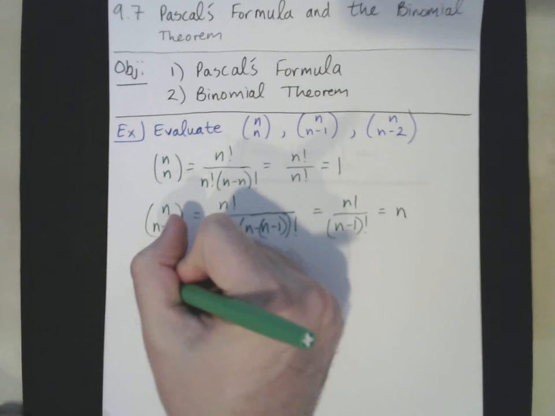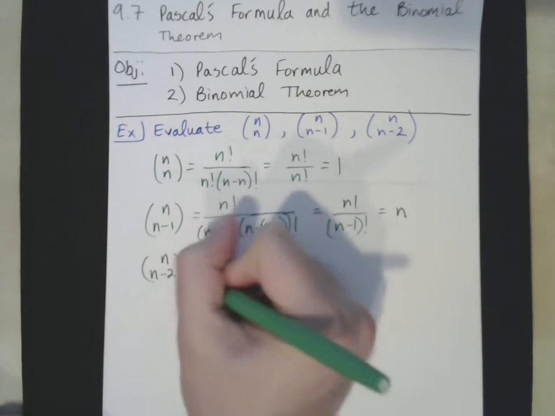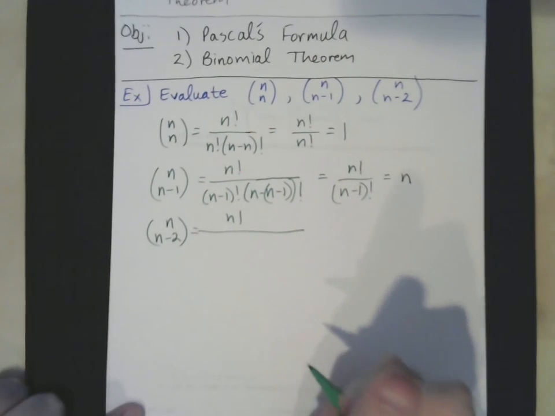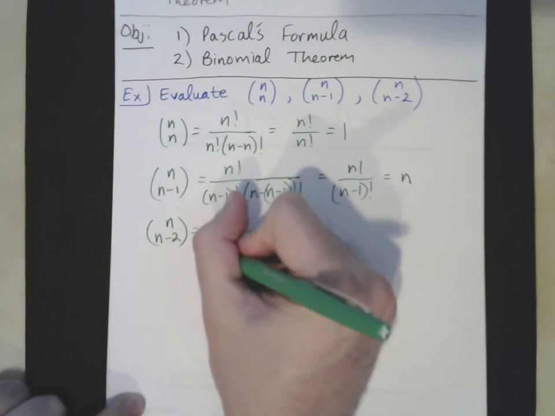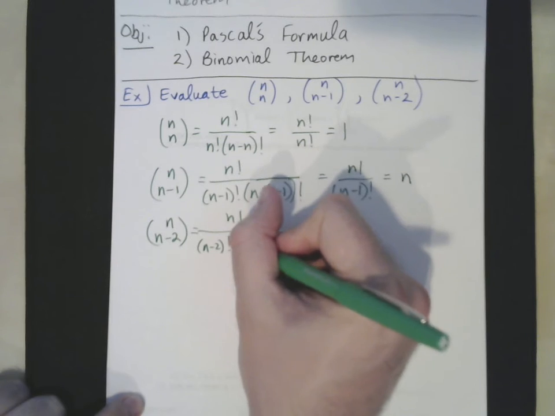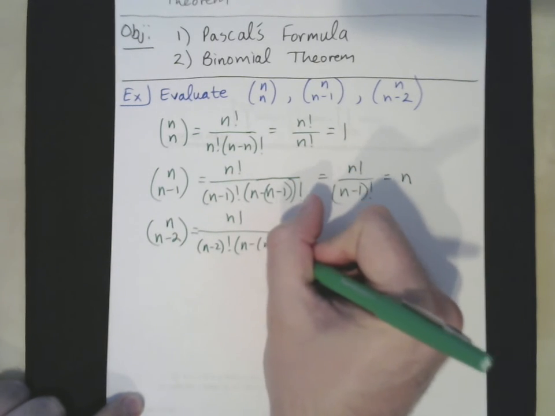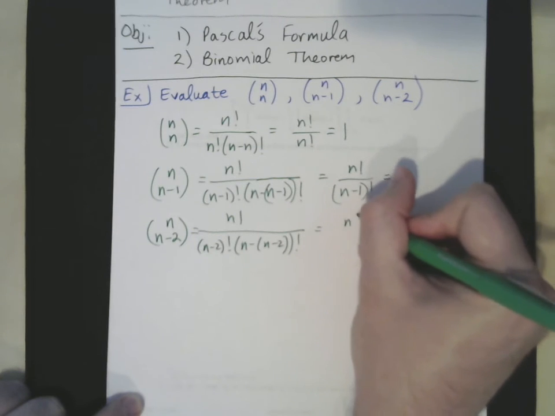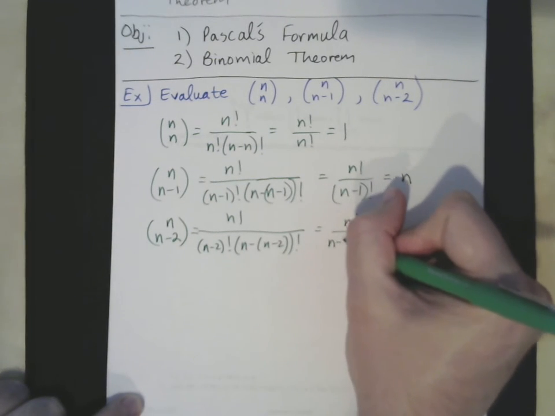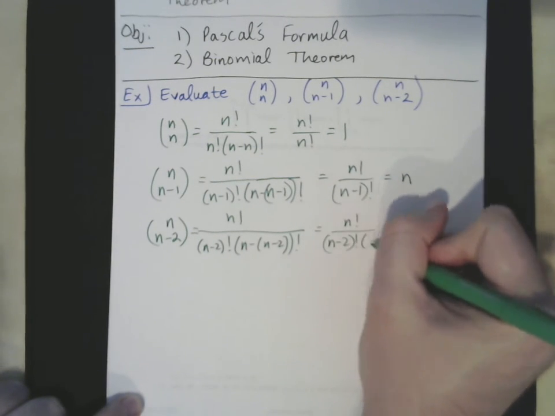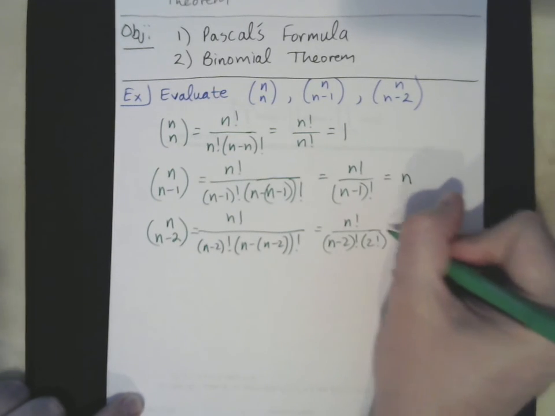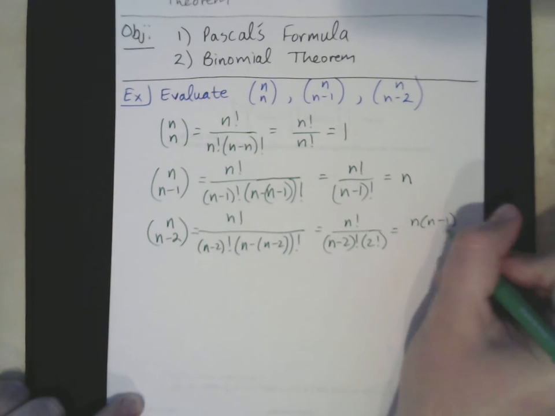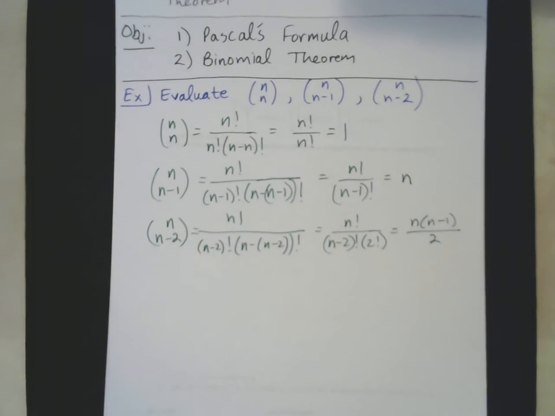And then n choose n minus 2: n factorial, learned my lesson this time, this needs to be a big denominator, times n minus 2 factorial times n minus (n minus 2) factorial. This becomes n factorial over n minus 2 factorial times 2 factorial, which gets us to n times n minus 1 over 2.